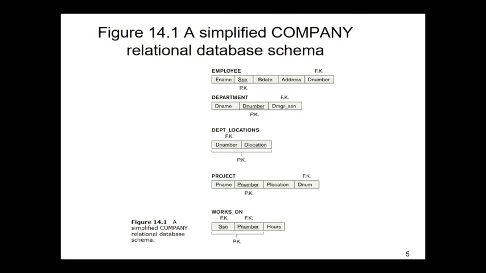So if we were to look at their company database that they describe in the book, we have the employee, we have the social security number as the primary key, the foreign key at the end for the department number. So in there we have the primary key and foreign key.